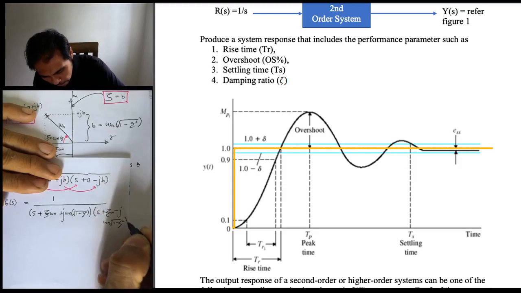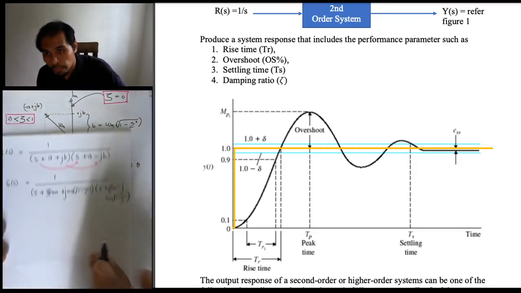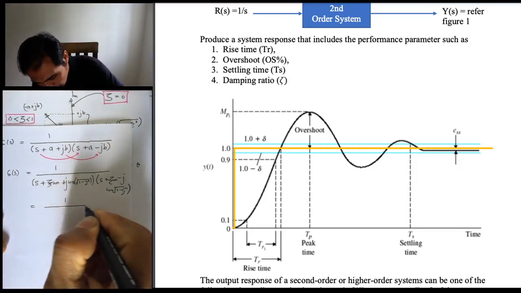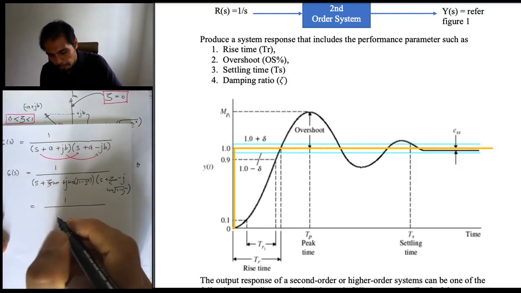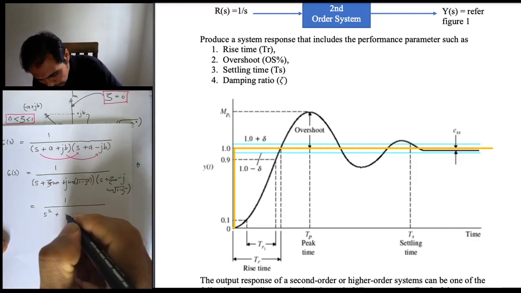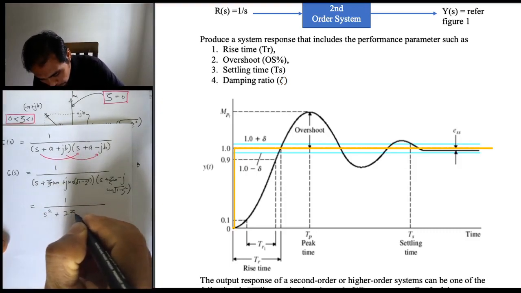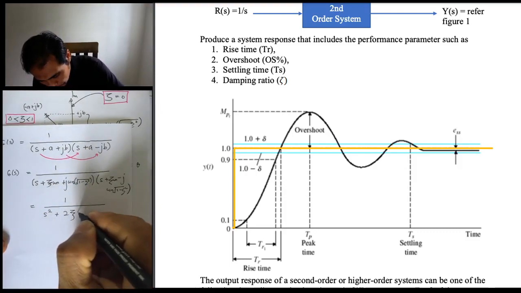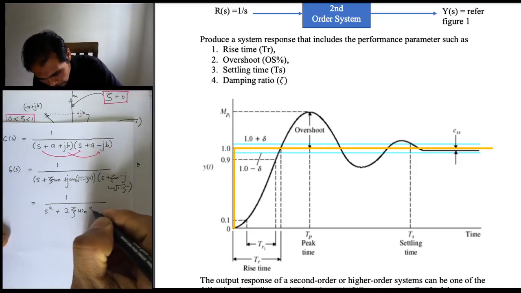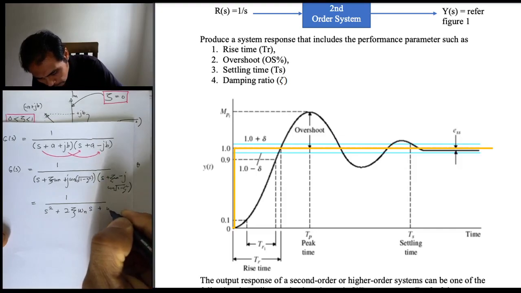You can try this, okay? So when we solve this, we get S squared plus 2 zeta omega n S plus omega n squared.